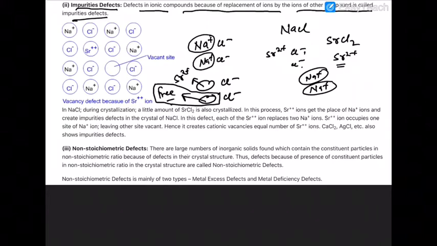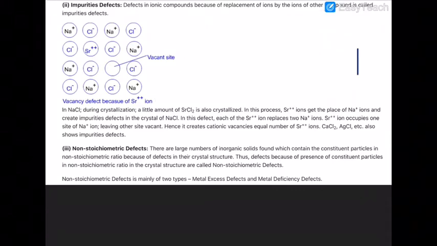Okay. Similarly, if in place of that you add a cation having a valency of 3. Look at what I am trying to say. Now one Al3+ satisfies 3 anions.